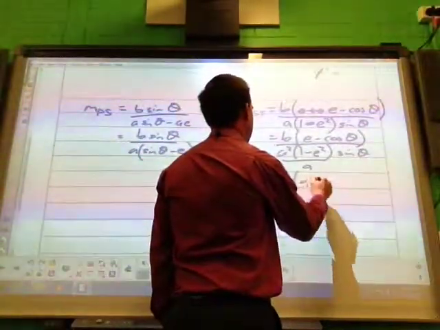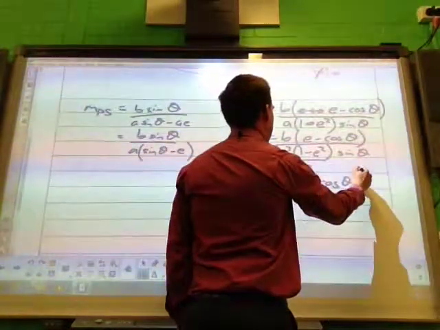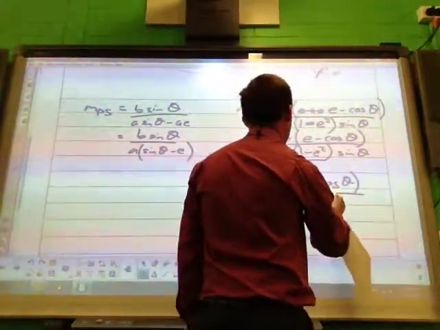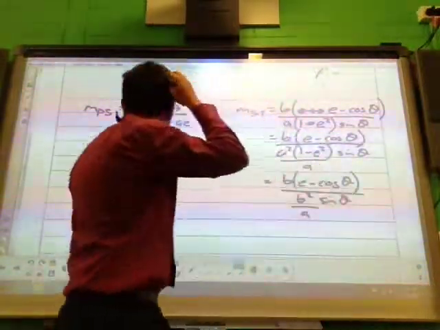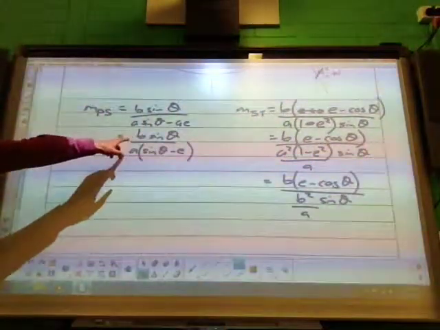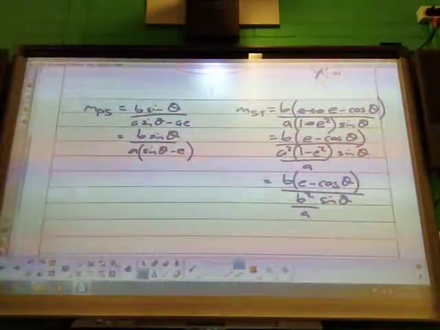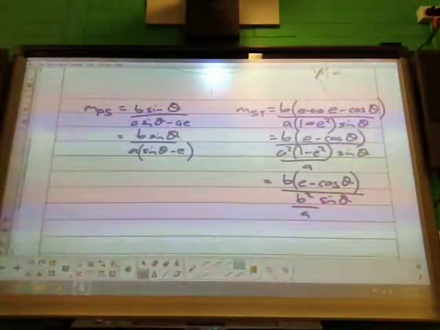So e minus cos theta over b squared over a sine theta. Okay, so I'm observing what I've got on this side as well. If I've got the reciprocal and the opposite sign, I then can show that it equals -1 when I multiply them.